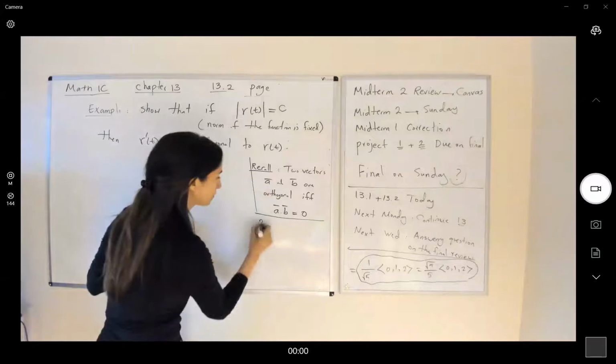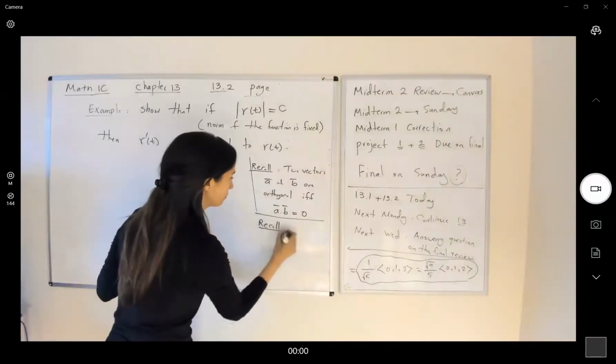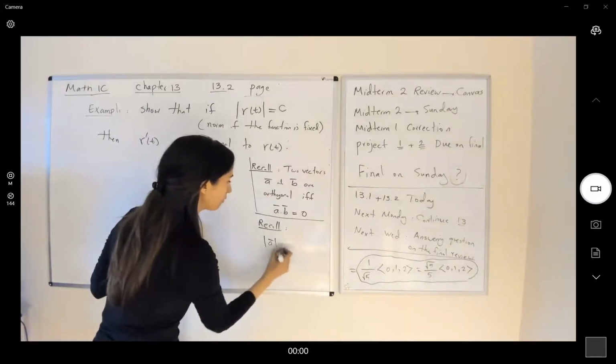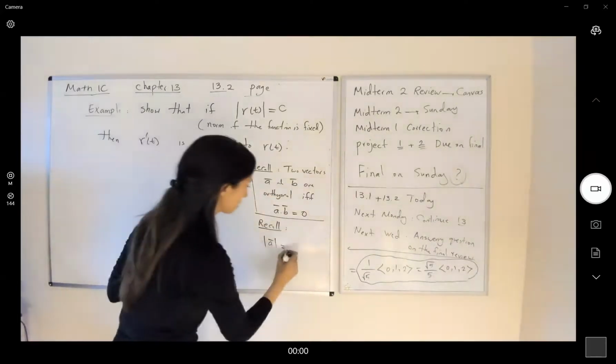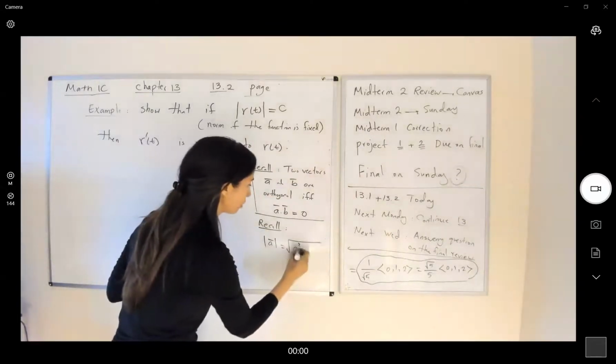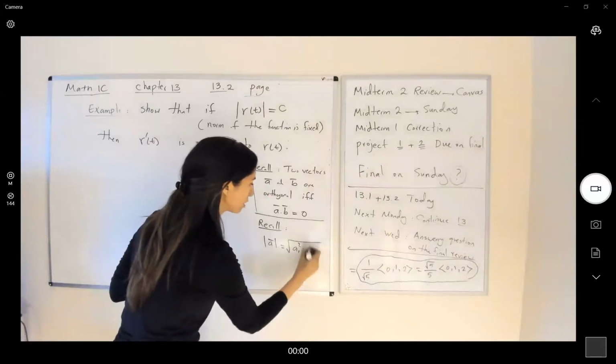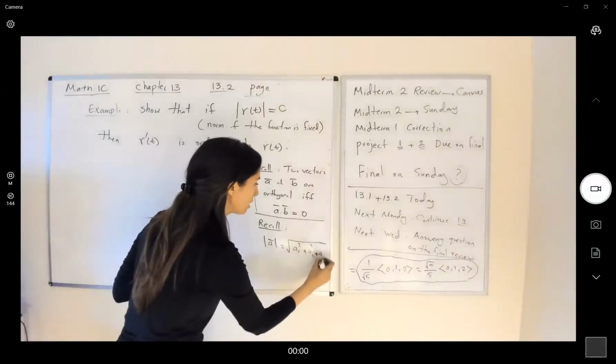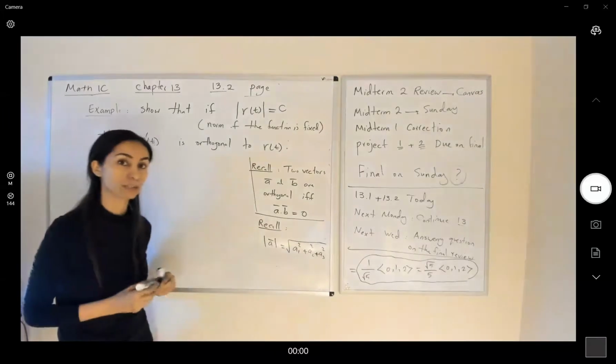Also recall that the magnitude of a vector is defined as the square root of the first component raised to the second power, the second component raised to the second power, and the third component raised to the second power.